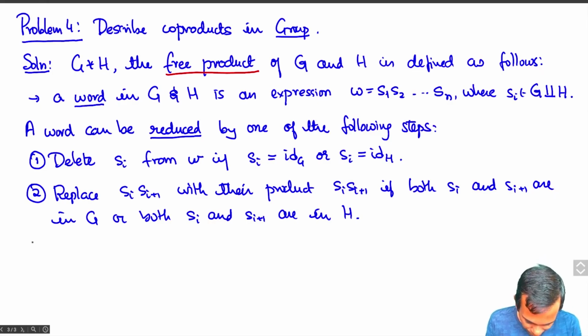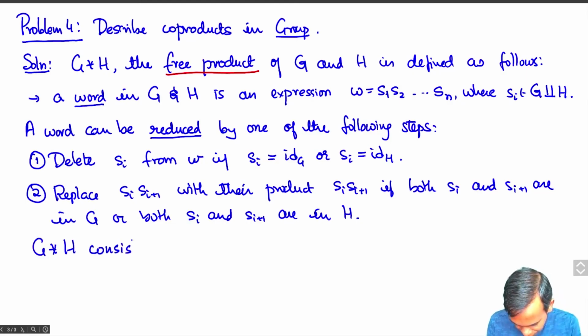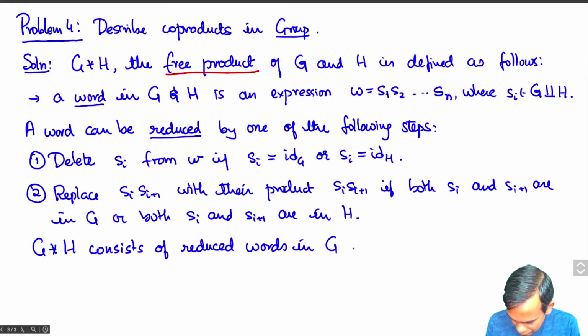So the elements of the group G star H consist of reduced words in G and H. What does a reduced word look like?